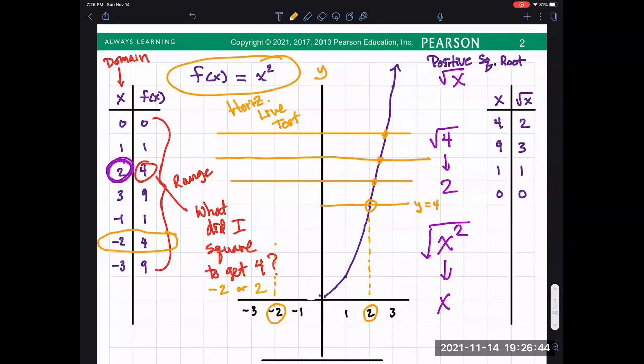It needs to be that any horizontal line would only hit the graph once, because then that horizontal line's output value, 4, 5, 6, whatever it is, each of those output values for the original function corresponds to only one input value for x.